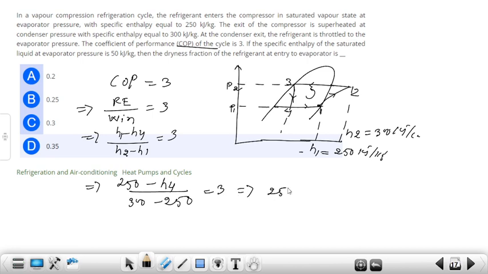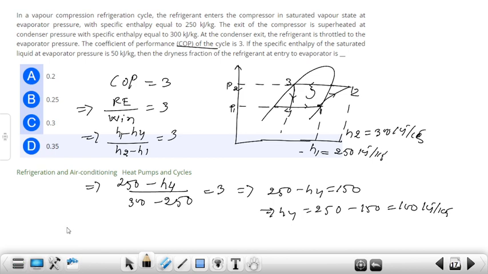So 250 minus H4 is equal to 3 into 300 minus 250, which is 50 into 3 is equal to 150. So H4 is equal to 250 minus 150, equal to 100 kilojoule per kg.